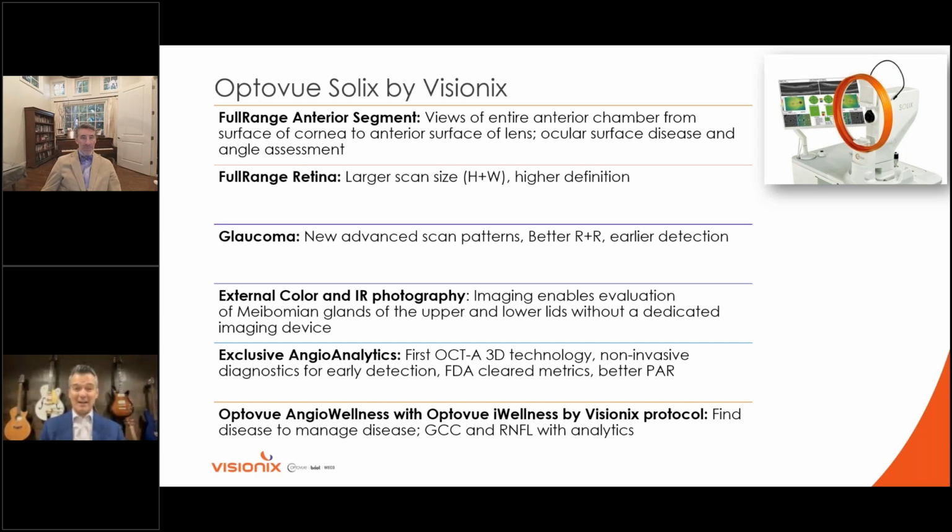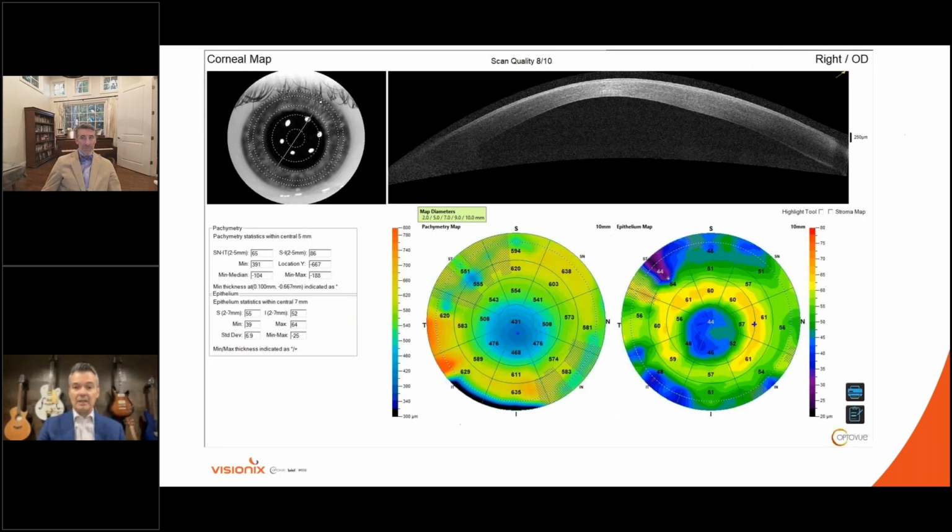You can also do external color and infrared photography that you'll see here in a few moments. There's angioanalytics, there's angio wellness, and there's also the glaucoma scans that provide with and without angio capabilities. So you're really looking at a system that provides you with essentially everything that you would need in the optometric practice. But we're here this evening to talk about its role in scleral lenses.